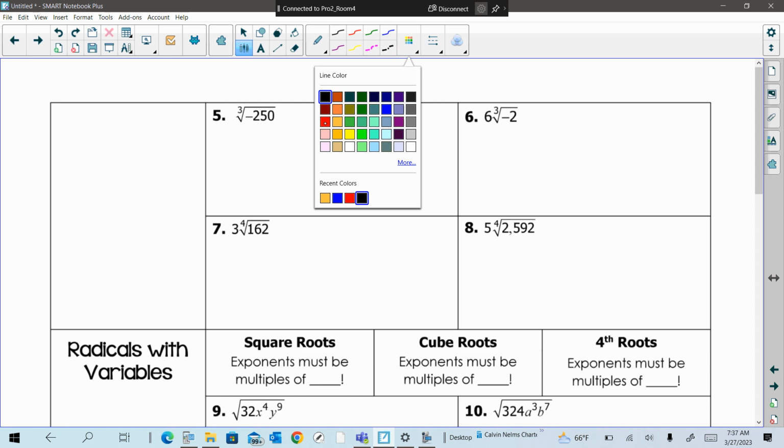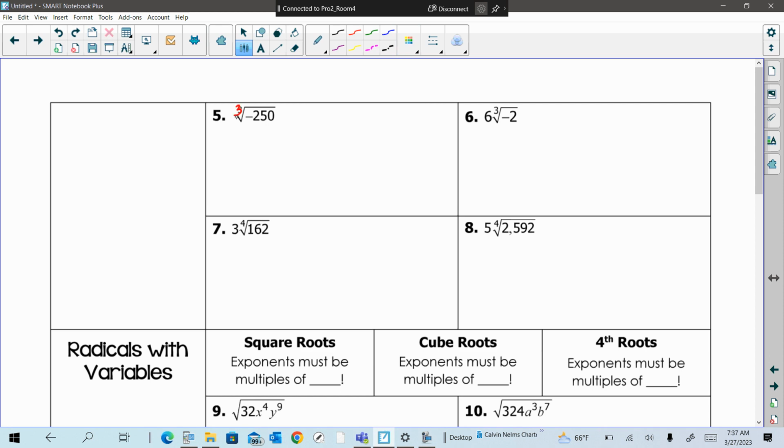We have a cube root, there's the 3, the index, of negative 250. So because it's negative, our final answer is going to be negative. If I want a cube that goes into 250, that would be 125 times 2. 125, this is the cube root.